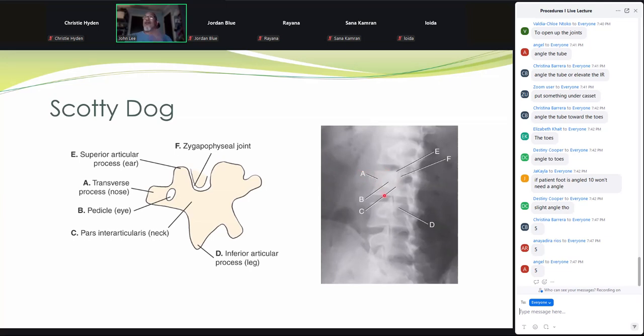The pedicle, looking at the pedicle on end as we're visualizing it, makes up the eye. The superior articular surface makes up the ear. The inferior articular surface makes up the leg.